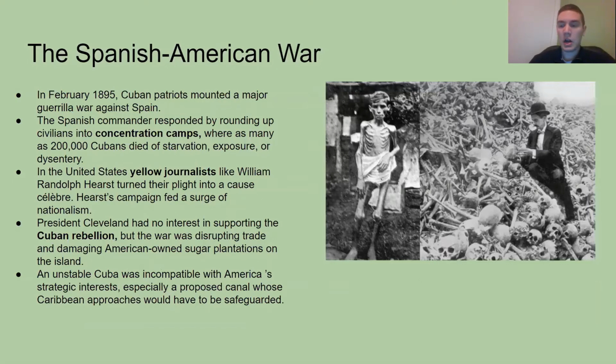Yellow journalists are newspapermen who try to highlight the bad things going on around the world to sell newspapers. This is going to lead to a surge of nationalism and make more Americans dislike the Spanish.